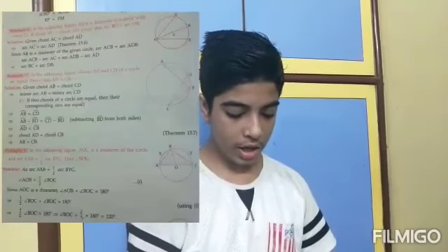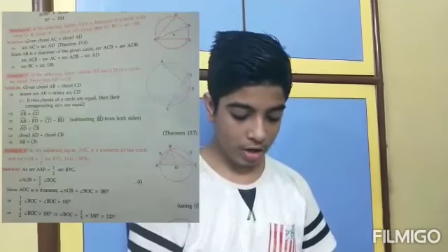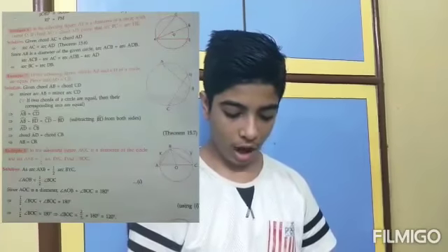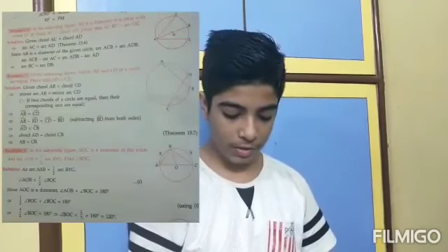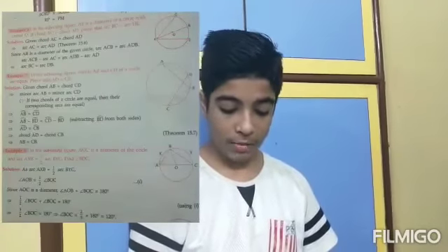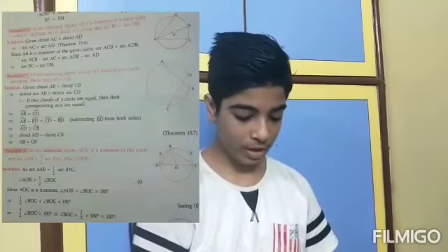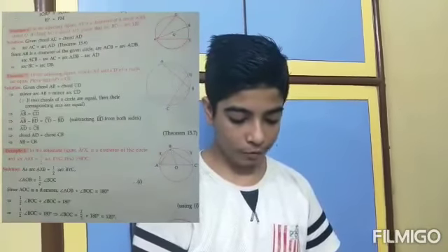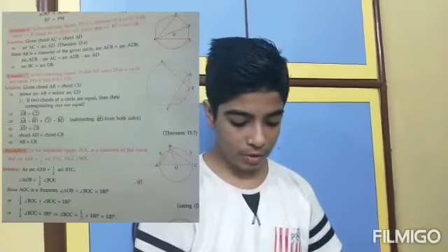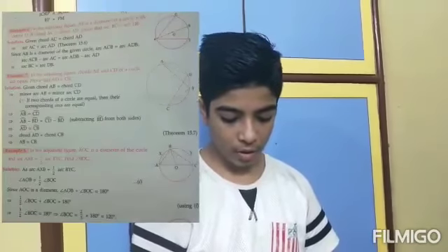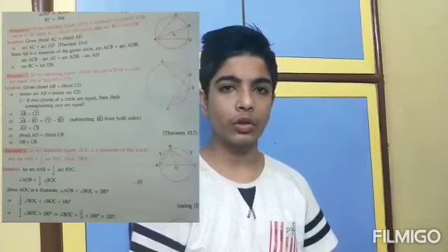Since AOC is a diameter, angle AOB plus angle BOC will be equal to 180. Half of angle BOC plus angle BOC will also be equal to 180.